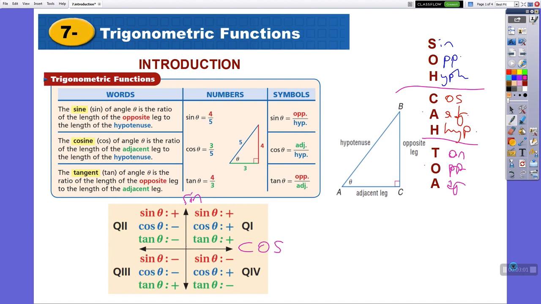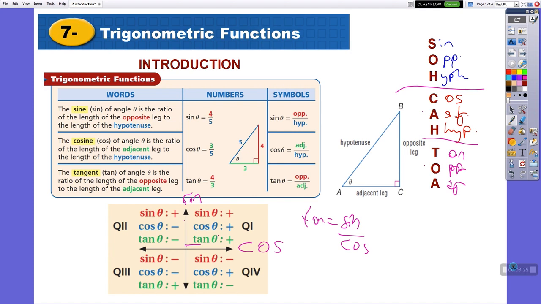On the right side of origin, you have positive numbers, so your cosine is positive. Above origin, you have positive numbers, so your sine is also positive. As you know, tangent is equal to sine over cosine. So the ratio of sine and cosine, positive over positive, is positive. So tangent is also positive here.